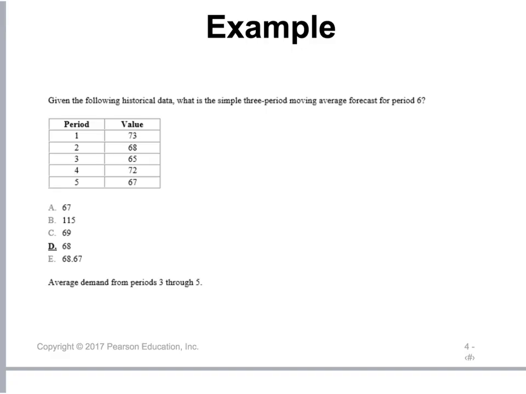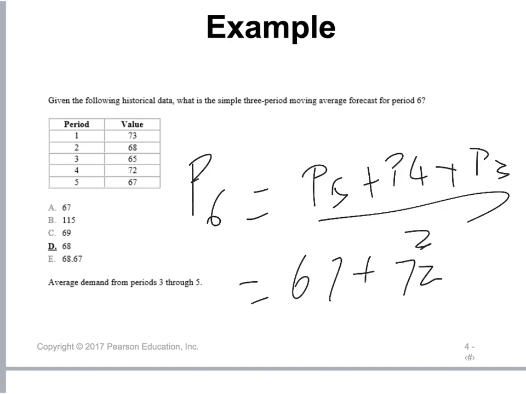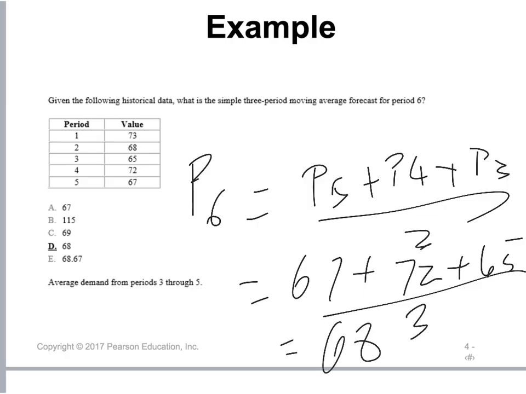Period 1 was 73, period 2 was 68, period 3 is 65, period 4 is 72, period 5 is 67. So period 6 is going to be equal to P5 plus P4 plus P3, all divided by 3. So it's 67 plus 72 plus 65 divided by 3, and that gives me 68.